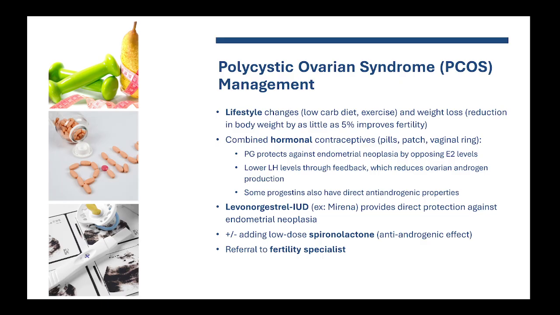So spironolactone is a diuretic, but it also has as a side effect an anti-androgenic effect, which is actually a desired side effect for patients with PCOS. So a low dose of spironolactone can be really helpful for these patients to control the facial hair and acne and so on.